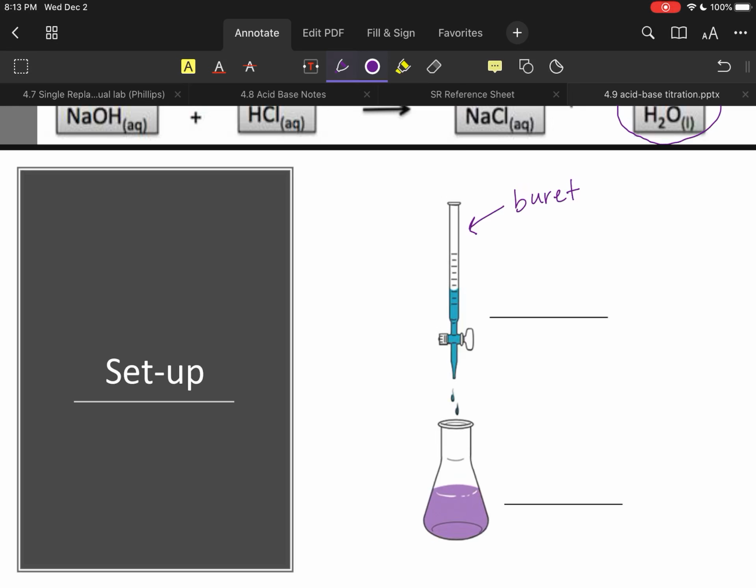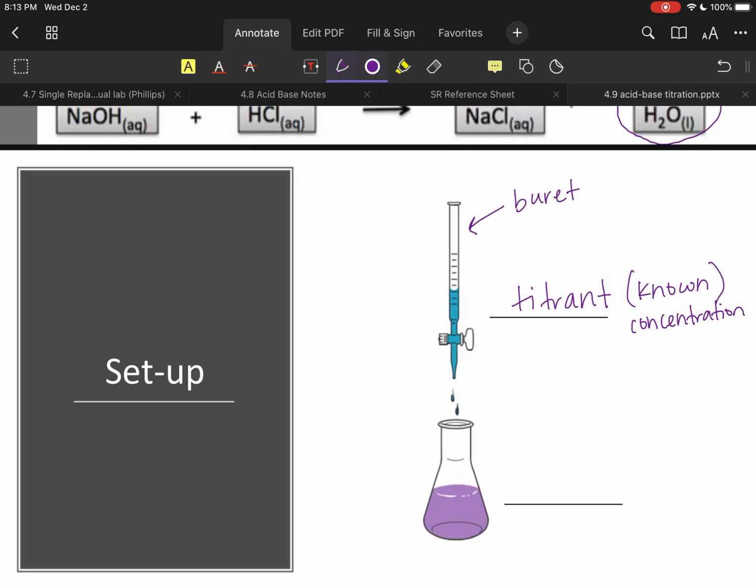What we have up in our burette is what we call the titrant. This is what we know. This is our known concentration.